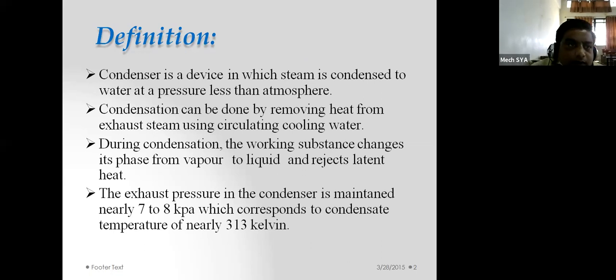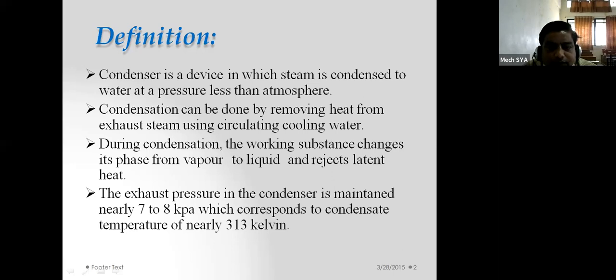During condensation, the working substance changes its phase from vapor to liquid. Exhaust steam is in vapor form, and after condensation it is converted into liquid and rejects latent heat. So only the latent heat is rejected.